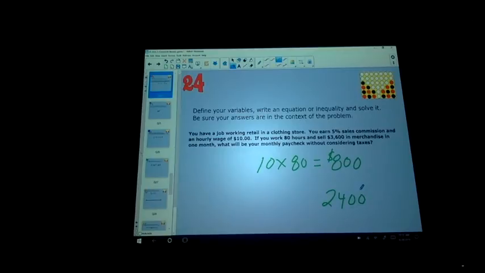So hang on, I goofed. I'm sorry, I misread the question. All right. So you earn 0.05 commission on whatever is sold. You work 80 hours, so that's your $800.